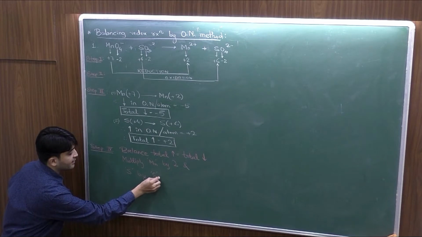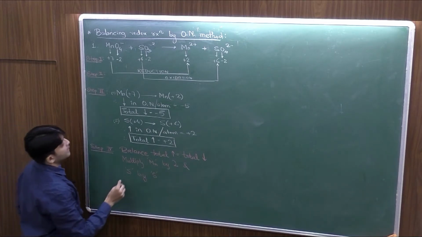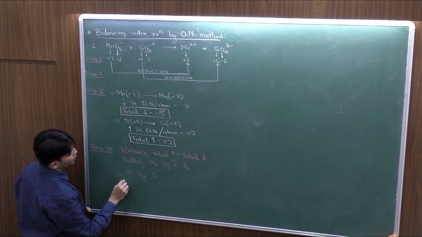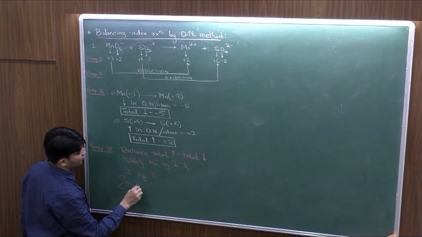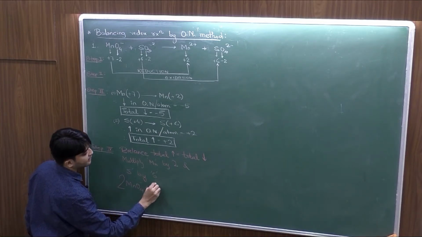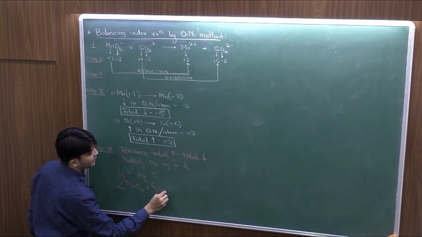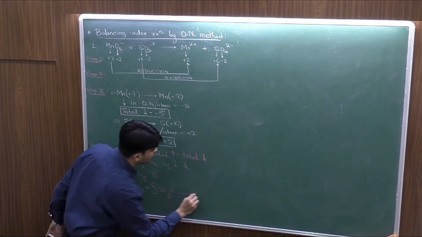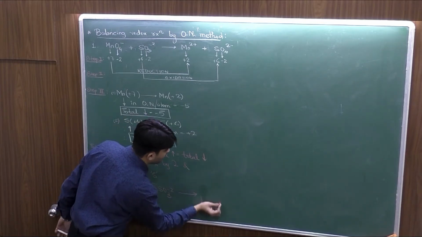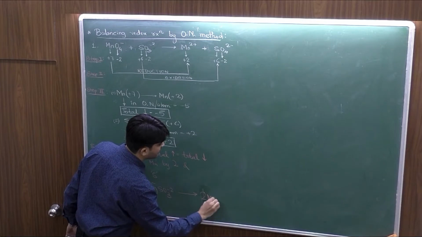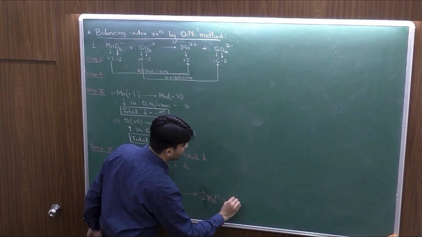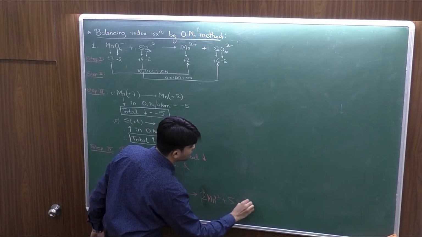So after this, rewrite the equation now. The equation would be now twice of MnO4 minus plus 5 times SO3 2 minus, giving you twice of Mn 2 plus and 5 times SO4 2 minus.